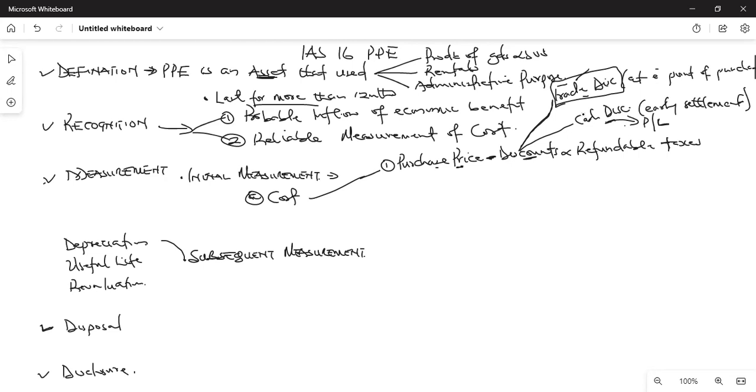Another thing is that we said the cash discount is treated in the P&L. Let's come to the refundable taxes. What are some of the refundable taxes you know in Ghana? A tax that you pay, you receive it back. Those of you who buy stuff, when you have VAT, don't you do VAT input and VAT output to claim back your VAT?